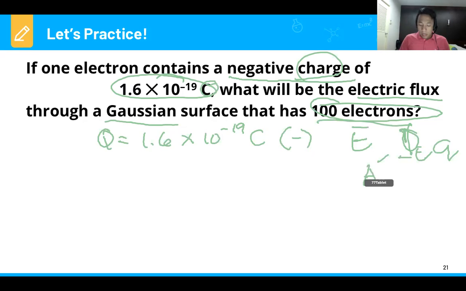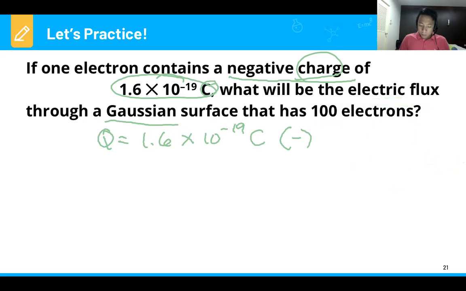Right? So it has nowhere to go, and it won't be included, because we already have one charge. So here, the 100 electrons is just, kumbaga, pampalito lang sa ating solution. Okay? So don't mind the 100 electrons.